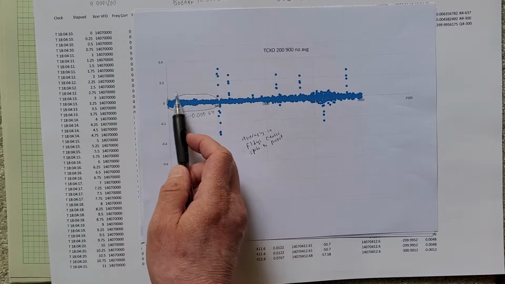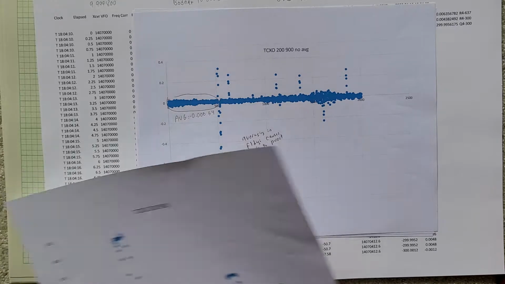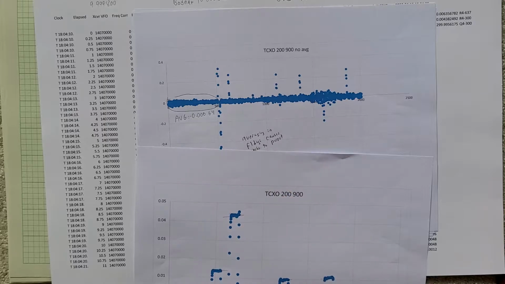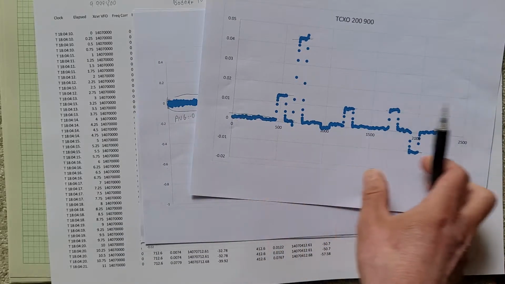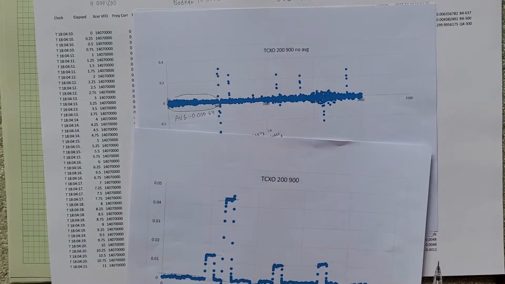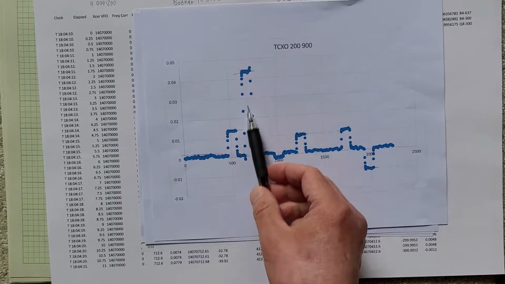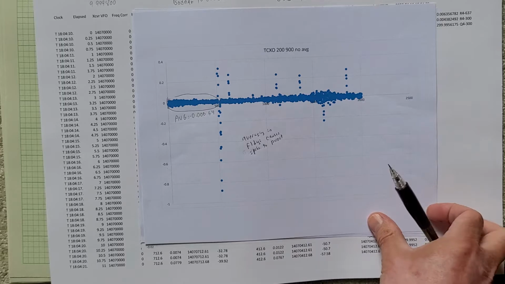So there's a lot more deviation when the averaging is turned off. So here it's 0.06, and then here the average is 0.006. So it's a factor of 10 at least by having the averaging on. But by turning the averaging off, I avoid the spurious signals causing long-term deviations in the frequency measurement. And of course, I can always average it myself.